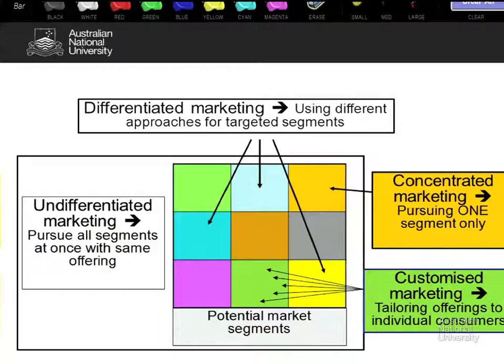The other thing with customized marketing is that this tends to show up where you've got a much greater engagement between the customer and the organisation. A lot of this will be talked about again in services marketing, where there's room for negotiation, where the service is created in conjunction with both customer and provider.